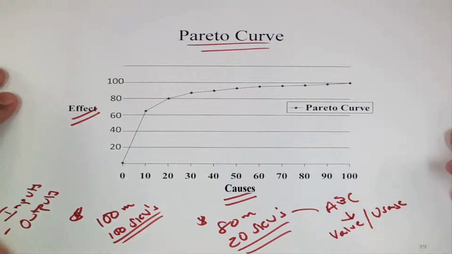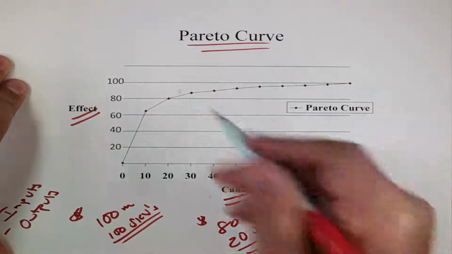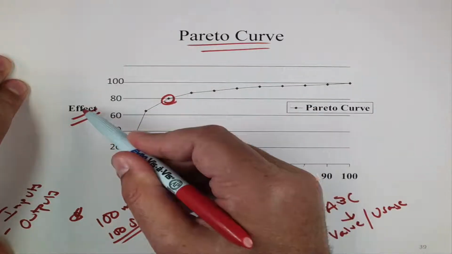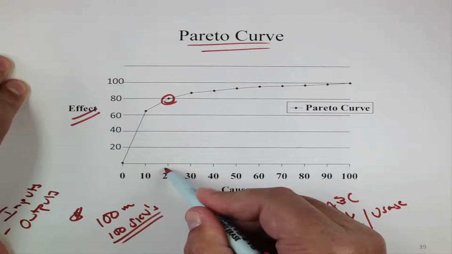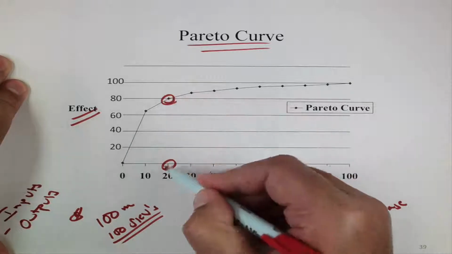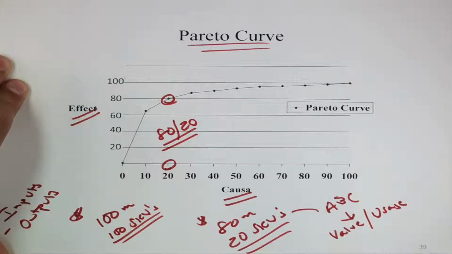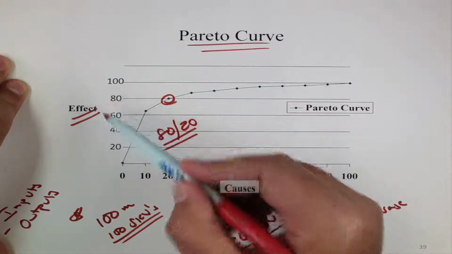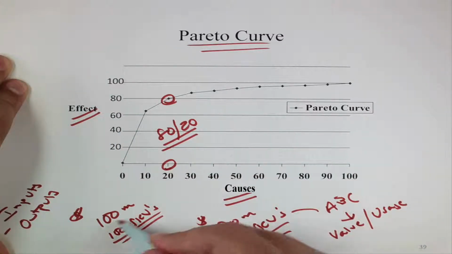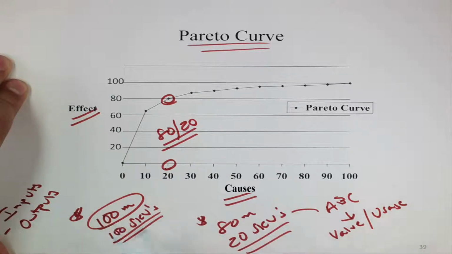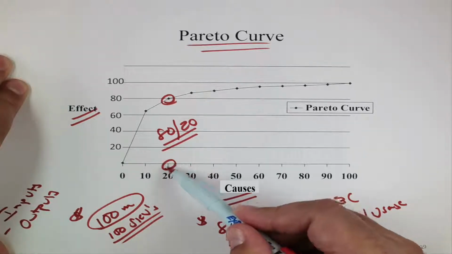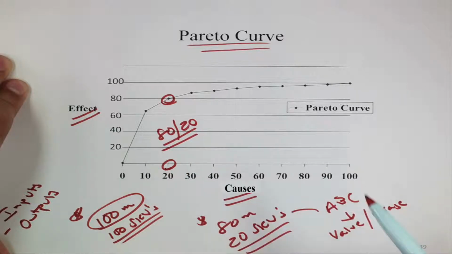But what the Pareto curve tells us is that 80% of the outcomes, the effects, are generated by 20%. There's that 80-20 rule. The Pareto analysis is also known as the 80-20 rule. So 80% of the outcomes, 80% of the value of our inventory, is generated by 20% of the SKUs.